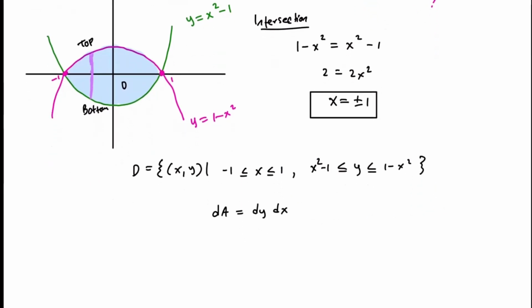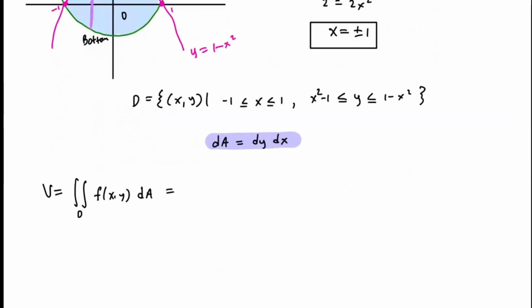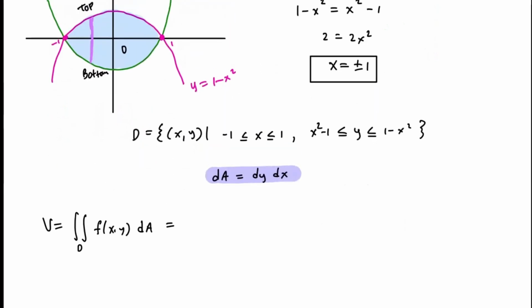All right, so putting all of that together, we set up our volume. So we know our volume of this solid is the double integral over this region D of our function f of x comma y dA. And we just decided dA is going to be in this order, and these are the bounds right here. So I'm going to go ahead and set that up. So we will have our outer integral and inner integral.